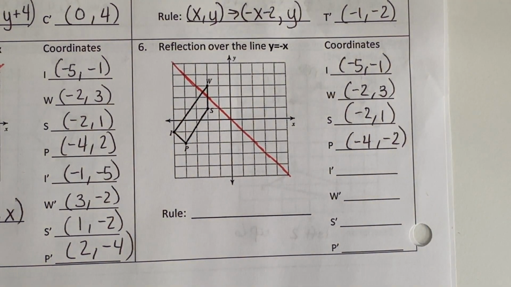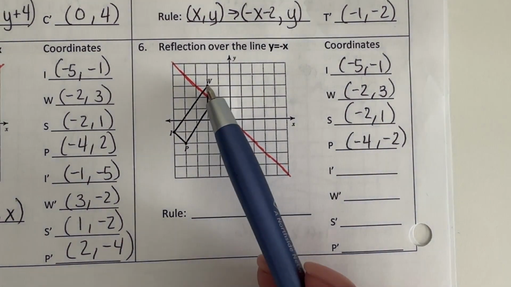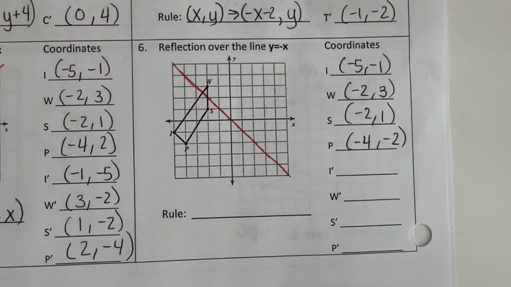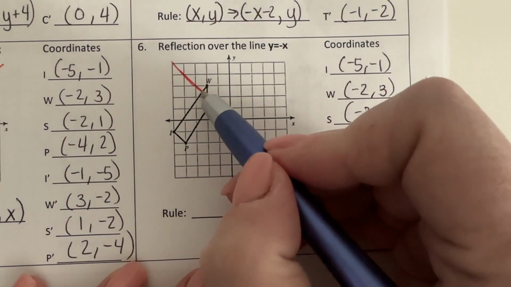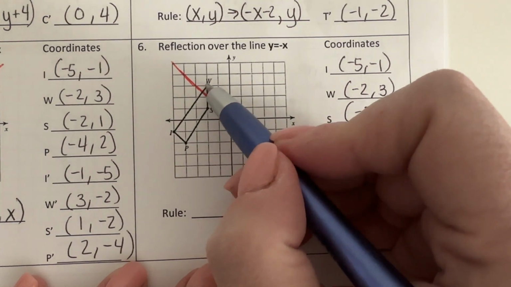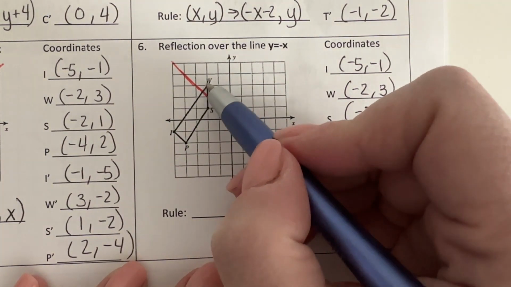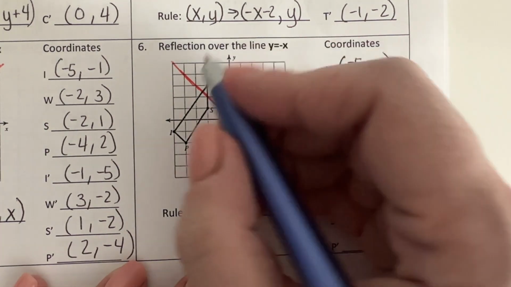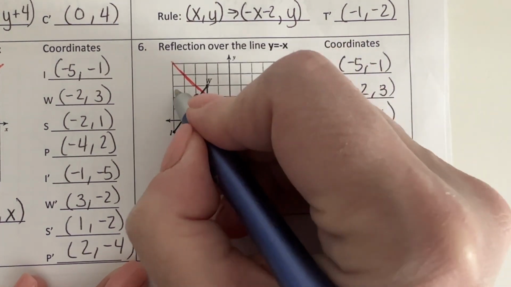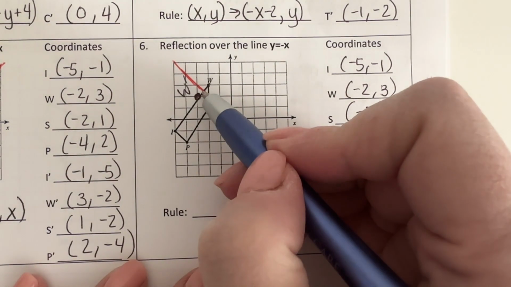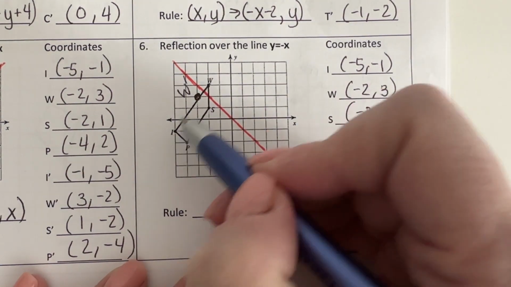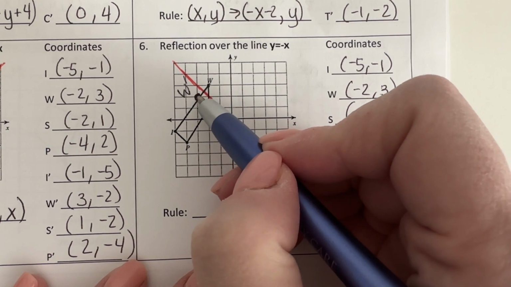Okay, so again, you're reflecting across this line. I'm going to be thinking about how far I need to reflect to get to my new points. If I look at this, it's maybe a quarter of a square to go from the line to the W. So that would be W prime. To get from the line to the I over here, I had to go half.